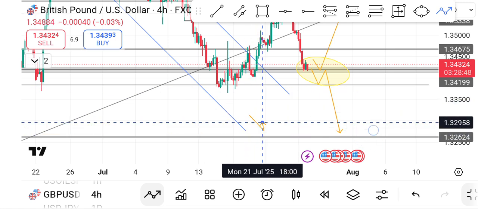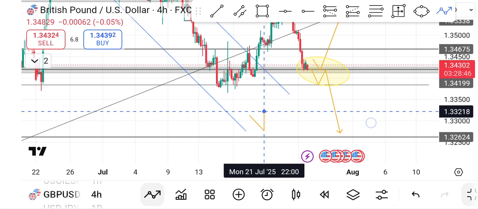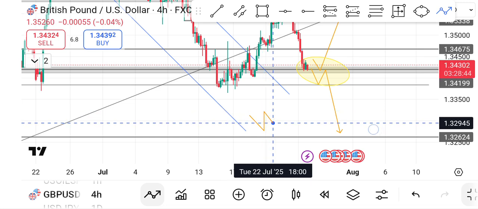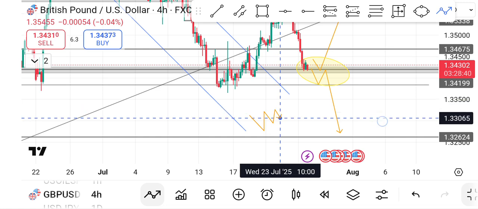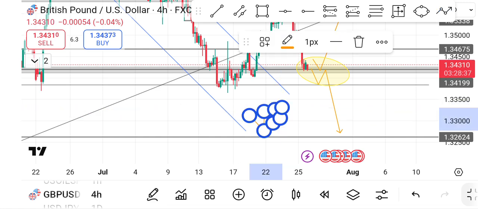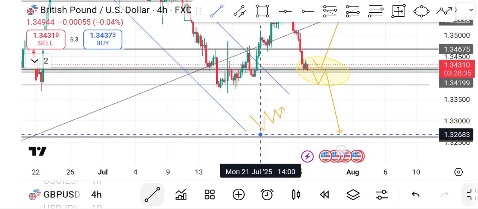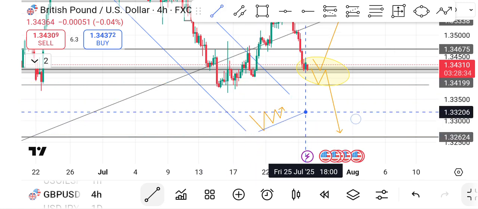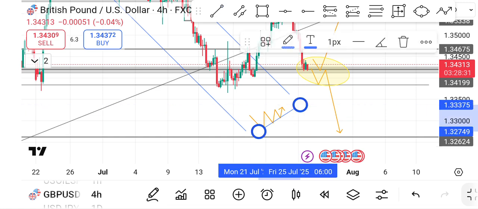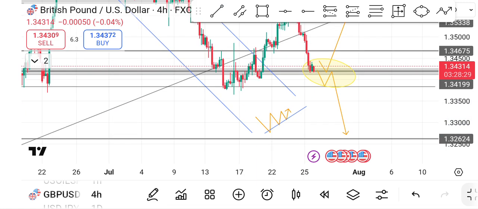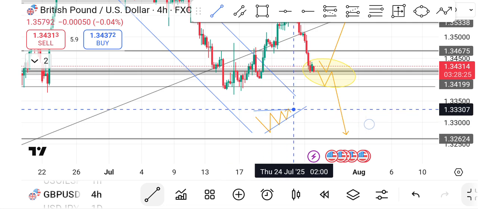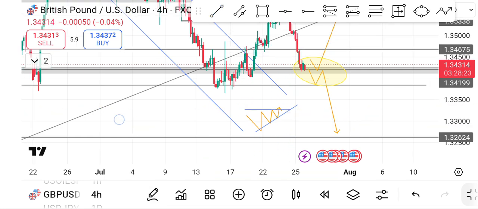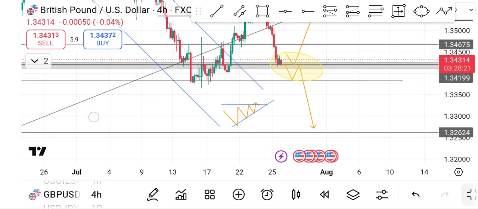Because GBP USD normally does something like this triangle, symmetrical, whatever. You don't need to, sincerely speaking, you don't need to know the name. You just need to know them when you see them on the chart. So this kind of thing, that's what I'm talking about. So these are what I'm going to be looking for to take this trade on GBP USD.